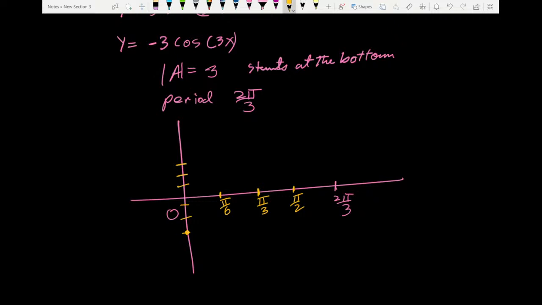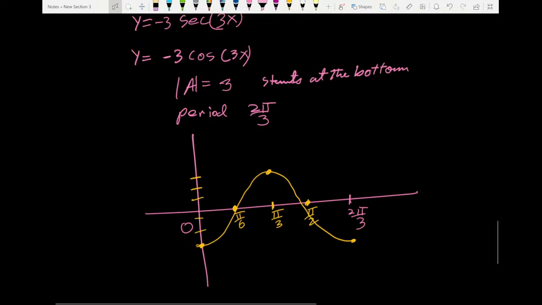So cosine starts right over here. So this is my cosine.